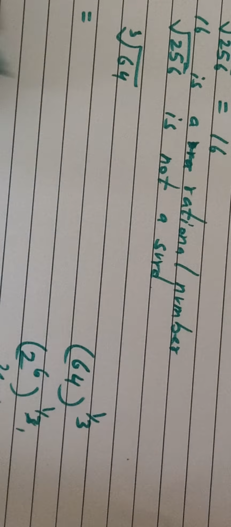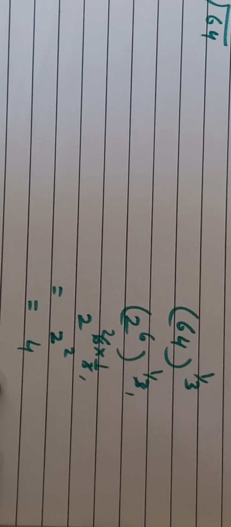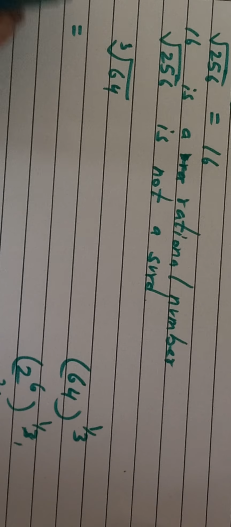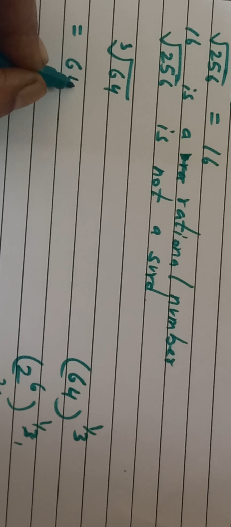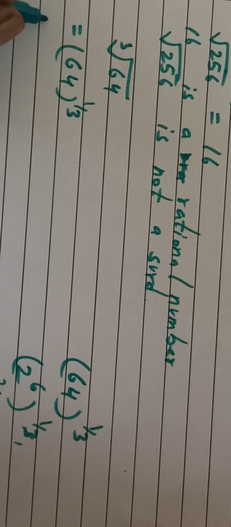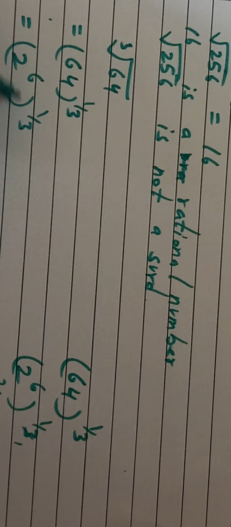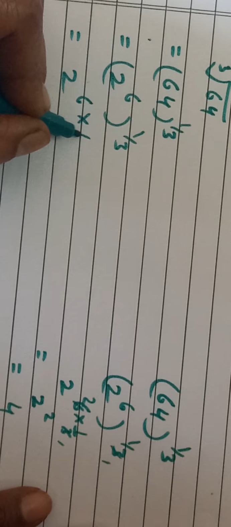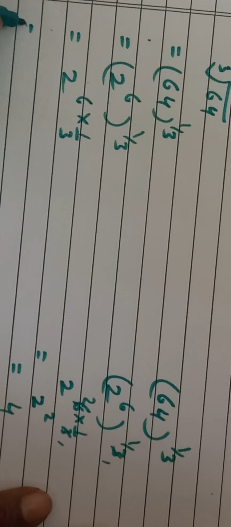Okay. So we will write it here, because first I am checking with you all whether I am getting a rational number or not. If I am getting a rational number, then I am writing it down here. So that basic you have to understand. So all this we can write now. 64 raised to 1 by 3, which is equal to 2 raised to 6 raised to 1 by 3, which is equal to 2 raised to 6 into 1 by 3, which is equal to 2 raised to 2, which is equal to 4.